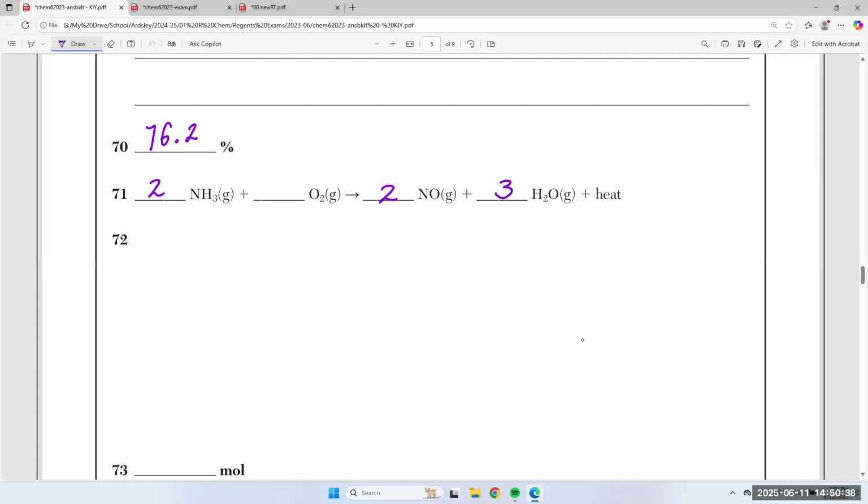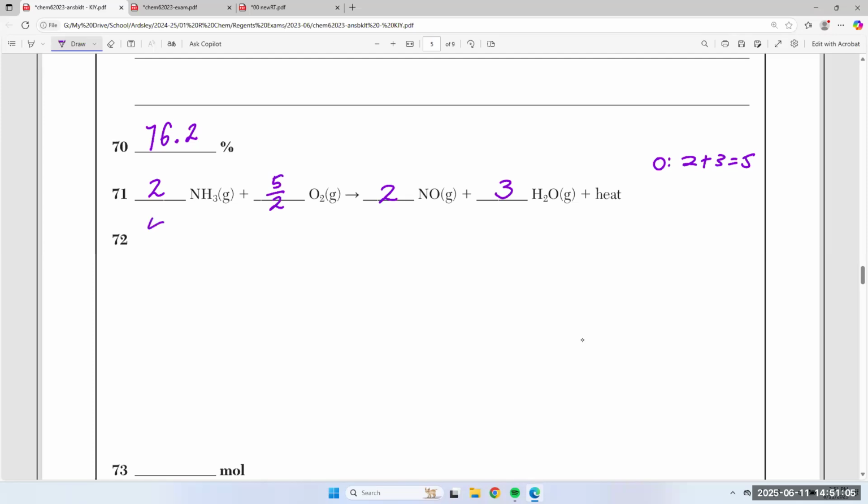We've got 2 oxygens over here, plus 3 oxygens, that's 5. I already know I'm going to have to erase this and do it over because I got an odd number. So how do you get 5 oxygens? 5 over 2 will give me 5 oxygens. So we have to multiply everybody through by what?